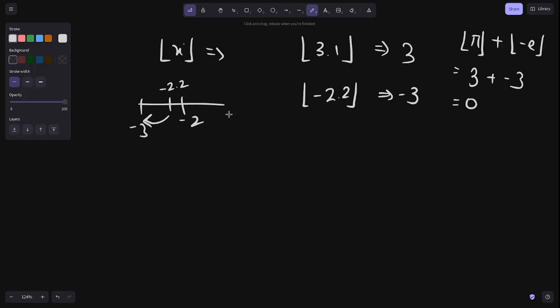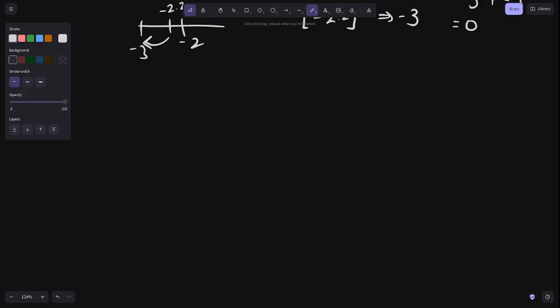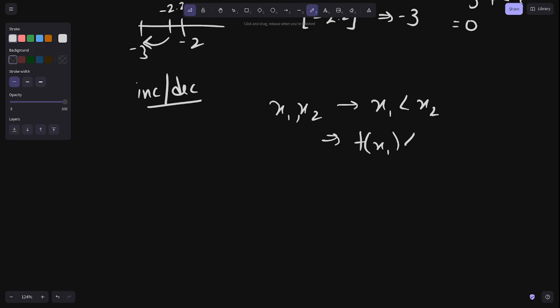So now we can also define something called increasing and decreasing functions. How do you define them? For any x1 and x2, where x1 is less than x2, this implies that f of x1 will be less than f of x2. This is the increasing function.